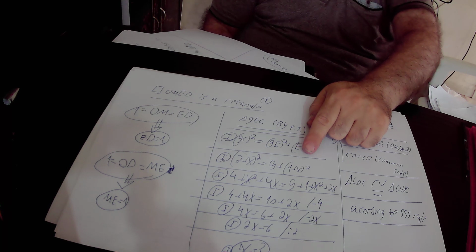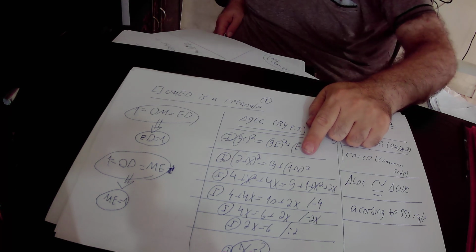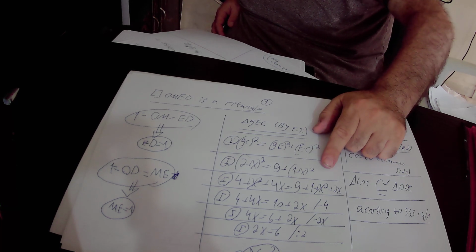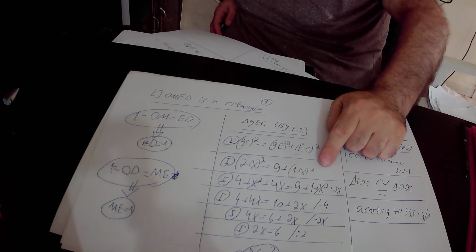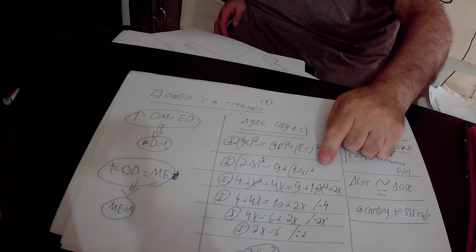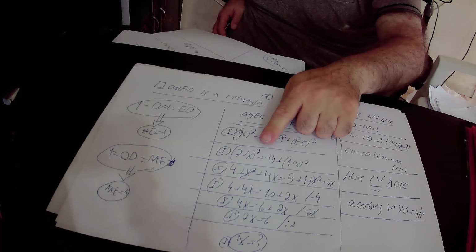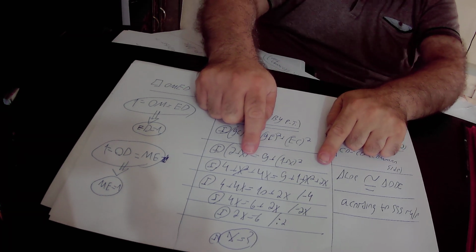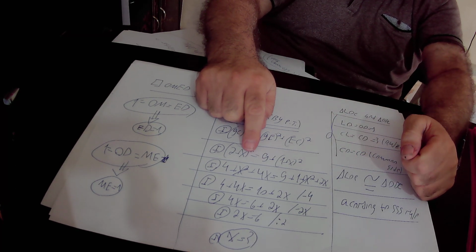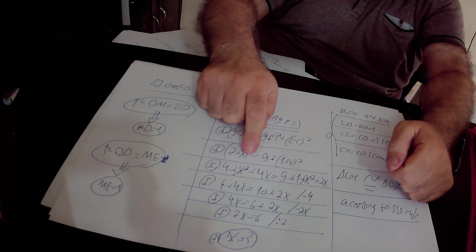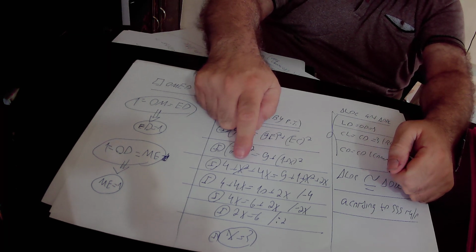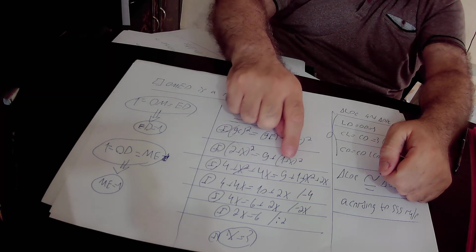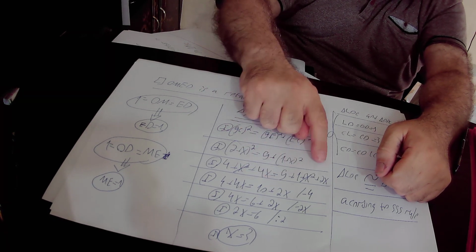And it is equal to 9 plus (1 plus x) squared, which is 1 squared, that is 1, plus x squared plus 2x. Okay, here we have x squared on both sides of equation number 1, so x squared will get cancelled. After we cancel x squared, we are left on this side of the equation with 4 plus 4x. And on the other side of the equation we have 9 plus 1, that is 10, plus 2x.